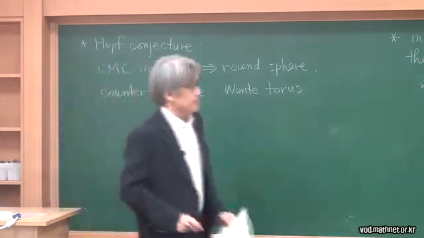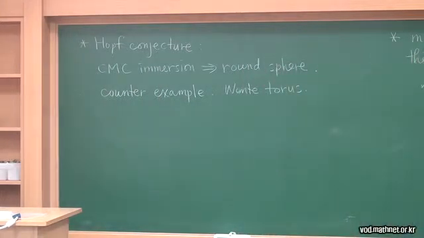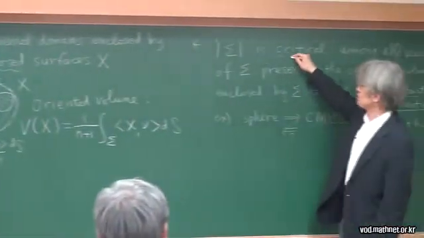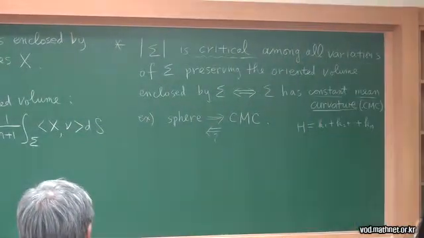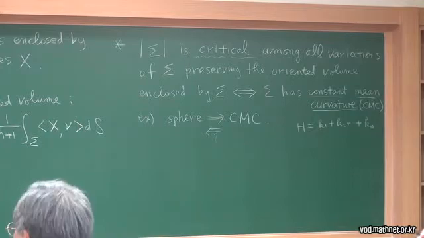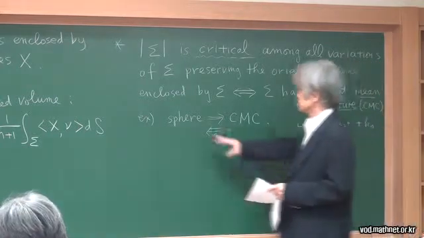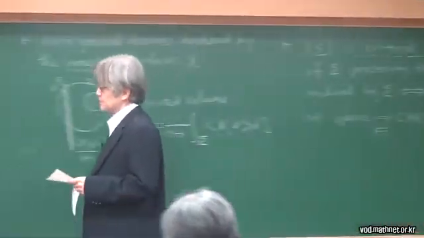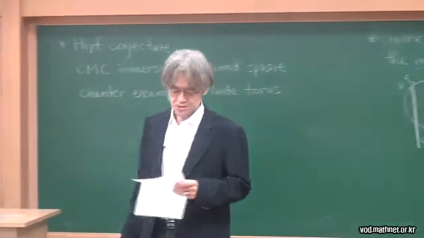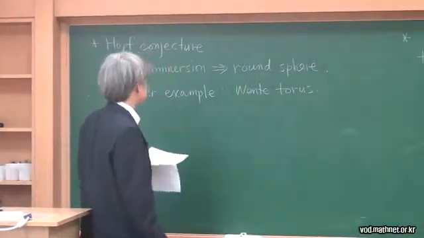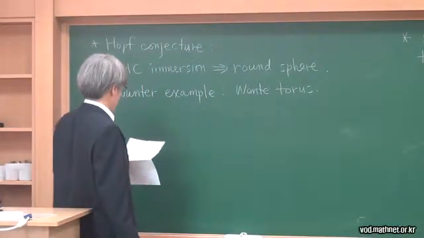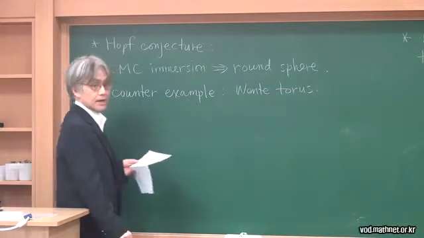Because of this variational property, soap bubbles are critical points. The sphere is the most common soap bubble we can see. It is a local minimum.